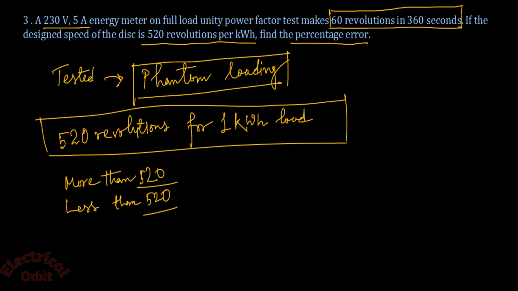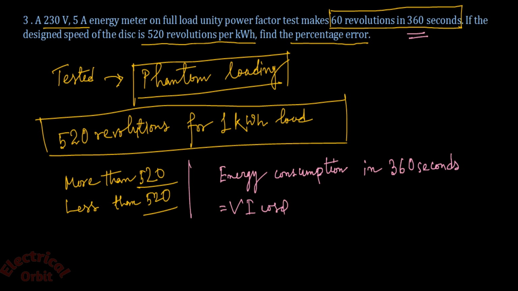So first we need to determine how much energy is consumed by the load in 360 seconds. Total energy consumption of the load in 360 seconds is VI cos phi into T. Now according to the question, V is 230, I is 5 ampere, power factor is unity, so it is equal to 1, and time is 360 seconds.